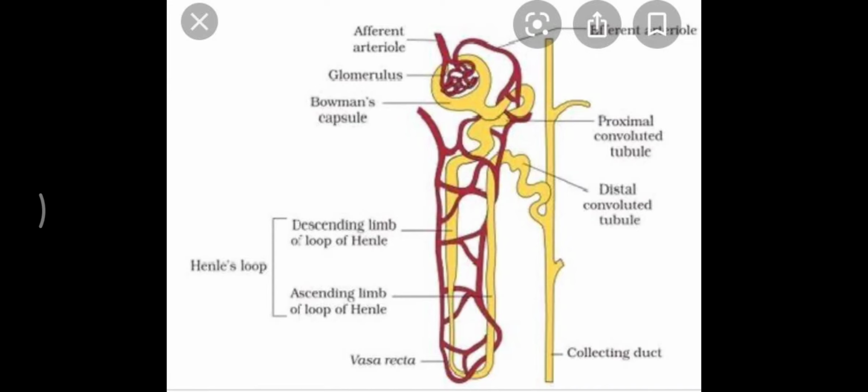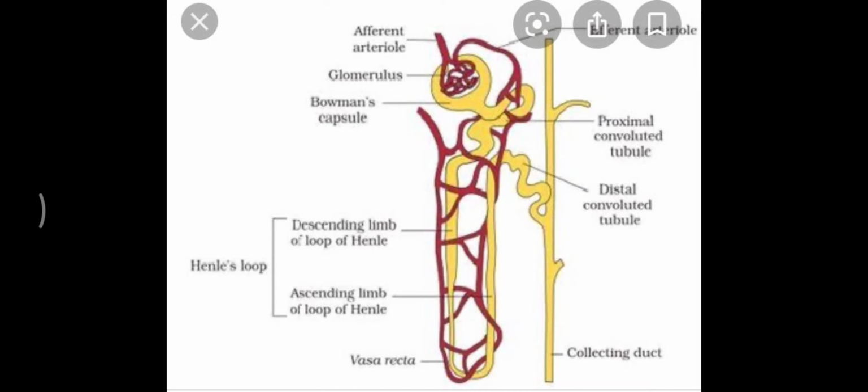Here also in the nephron, the things are going to be exchanged between the blood and the tubular system of the nephrons. So here, the nephron also has three properties, that is a large surface area, a thin delicate membrane, and a rich supply of blood capillaries, that is vasa recta.